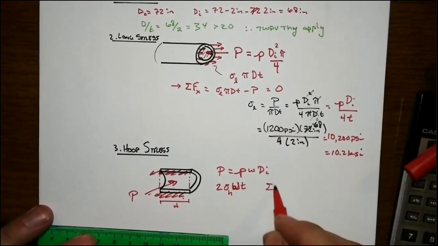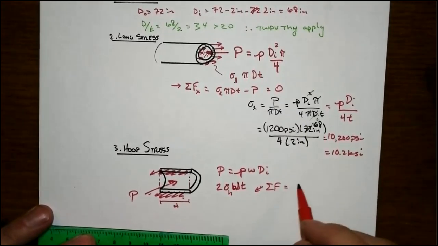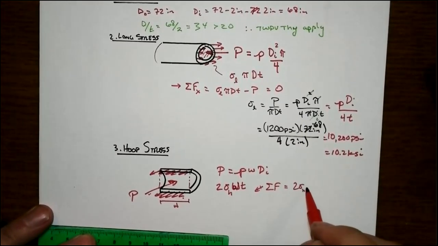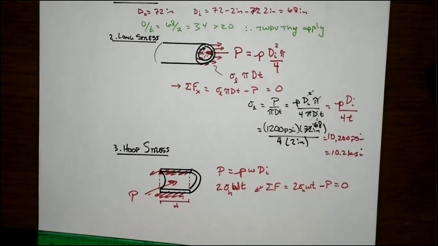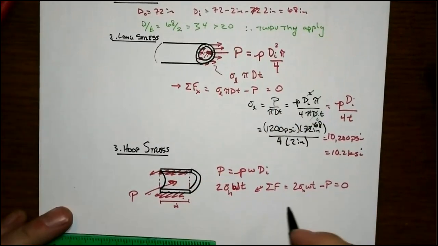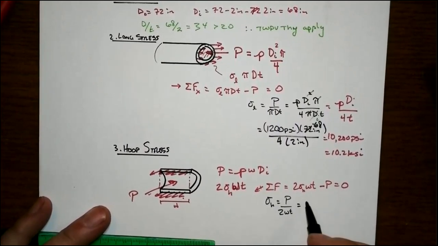So when we sum forces here in this other direction, we get 2 sigma h W t minus capital P, set equal to 0, like we did before. And so now we get that sigma h, the hoop stress, is equal to capital P over 2Wt, and capital P is equal to our pressure times W times d_i, over 2Wt.